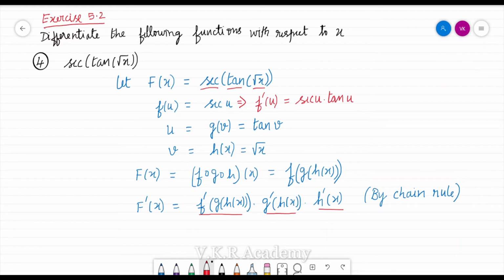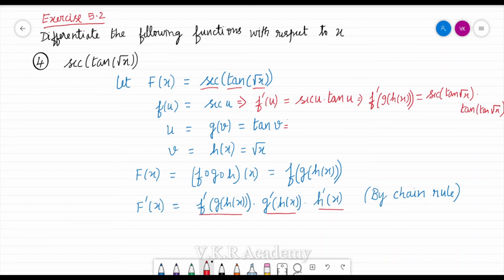Substituting u, this is f dash of g of h of x, that is equal to secant of tan of root x into tan of tan root x.